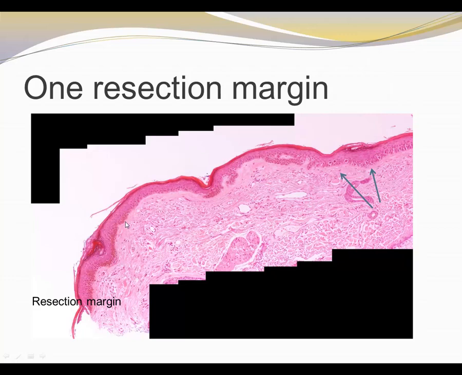You can see here this is a composite picture of 3 or 4 different pictures, and this is the resection margin down here, and you can see that there, even at this magnification, quite a few single large melanocytes at the dermo-epidermal junction, more at this end than close to the margin, although there are a couple down here as well.